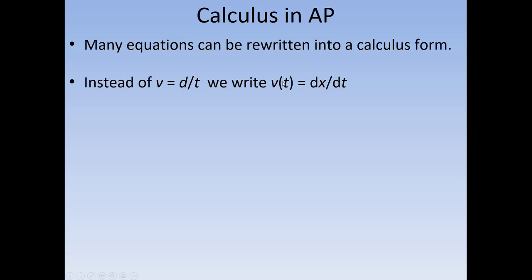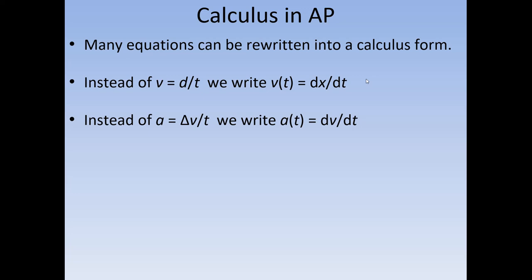Now for those who don't know, when we say dx over dt, that's basically saying the derivative of the function x with respect to t. Whatever is on the bottom, that's pretty much what we're taking the derivative with respect to. In this course, AP Physics C, you're pretty much going to be doing things with respect to time or with respect to x, as you'll see later on.